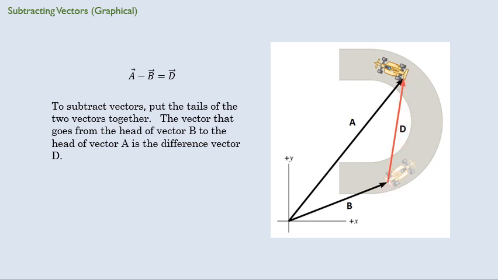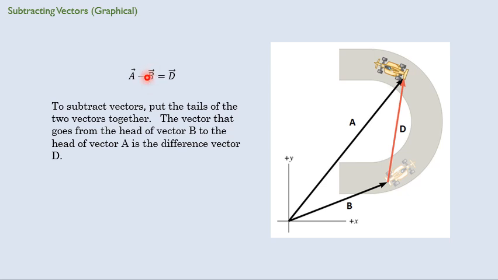Now this one we can't reverse, right? If I said B minus A, B would stay the same, but our vector would be the exact opposite. It would head in the opposite direction. But notice something here. If you get stuck on this, you can always go back to addition, which I think is a little easier to get your head around.